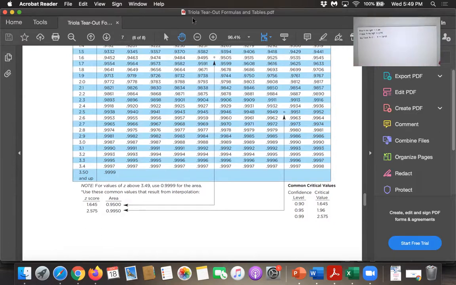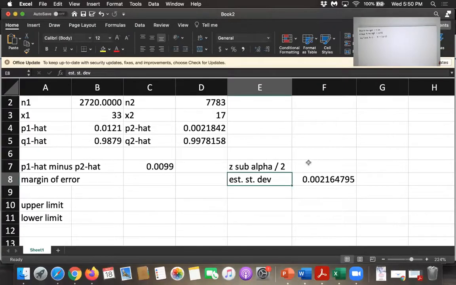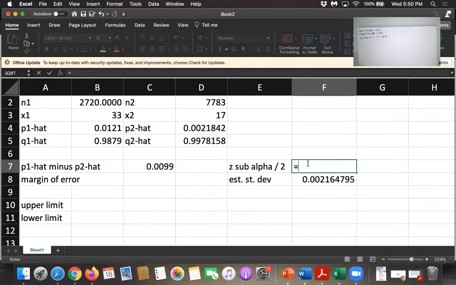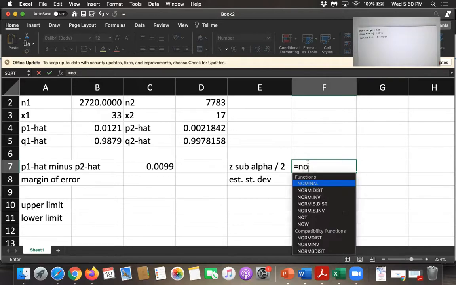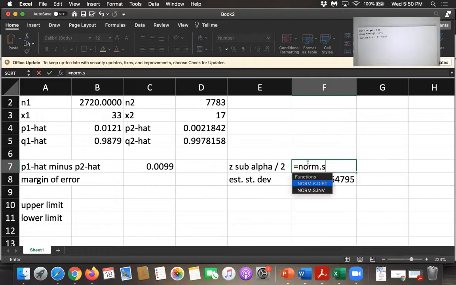Let me show you how to do that. The function that we need in Excel is an inverse function because we're giving it an area to the left and we're wanting a z-score. So we'll type equals NORM.S for standard normal distribution, and we don't want that first one, we want the inverse function, NORM.S.INV.